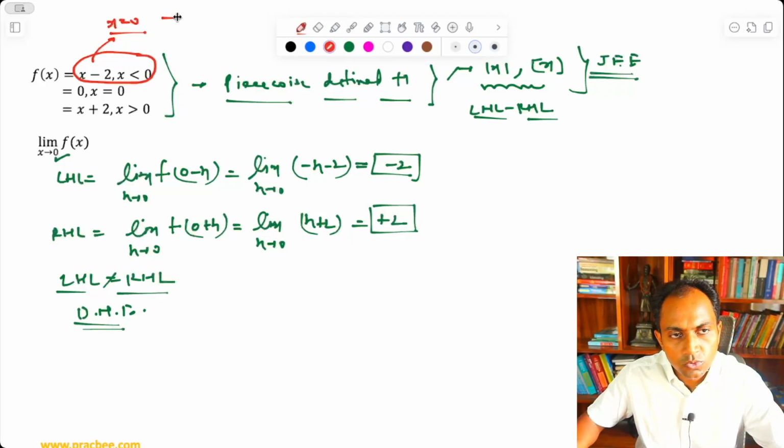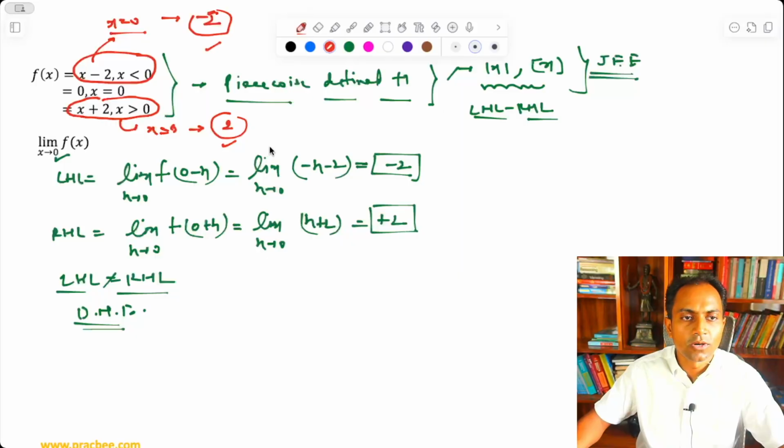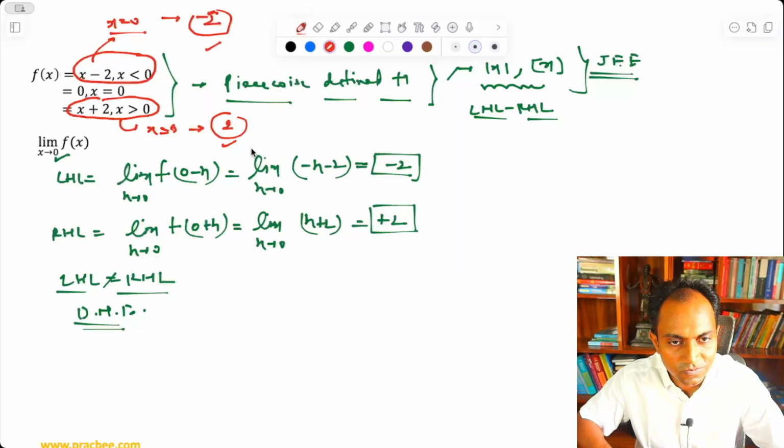If I do so, my answer becomes minus 2 and this becomes my left hand limit. Similarly, for finding right hand limit, I will take the portion greater than 0 and put x equal to 0. And the value of the function becomes 2. So you can see that LHL is minus 2, RHL is plus 2. And these are not equal, so the limit does not exist. You can also do this question orally in such scenarios.